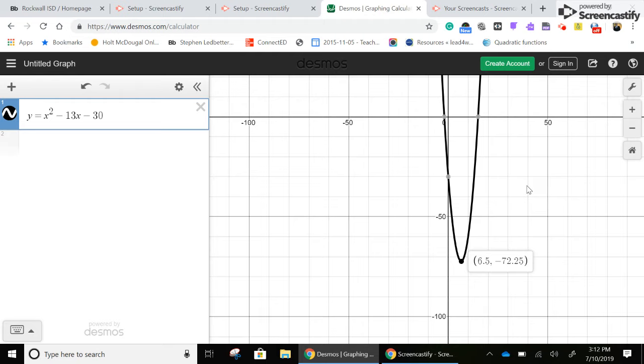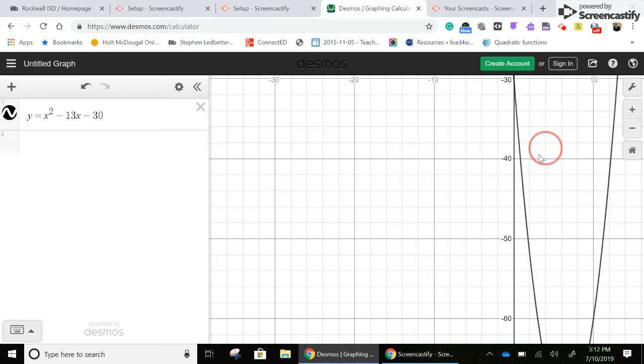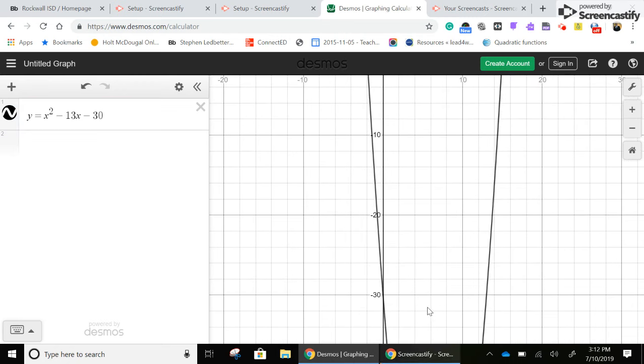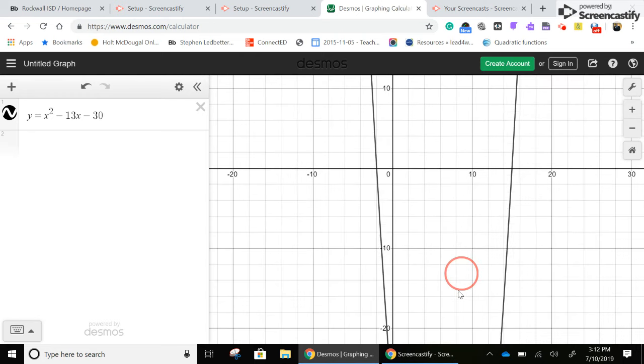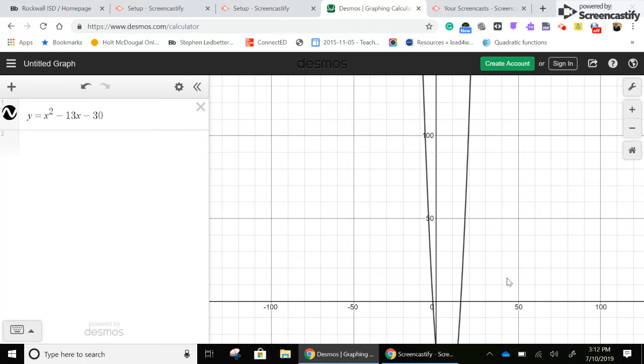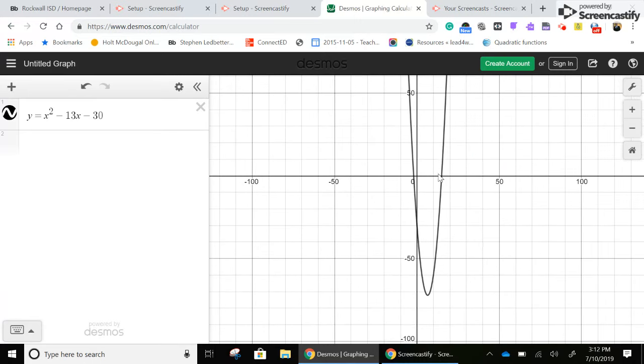All right, so what to do, and we'll enlarge this a little bit. What are my roots going to be in this situation? So my roots are right here. It's the x-intercept, where your line touches the x-axis.